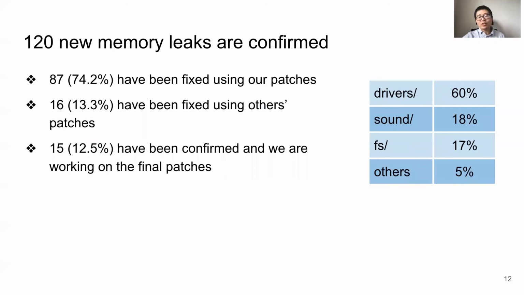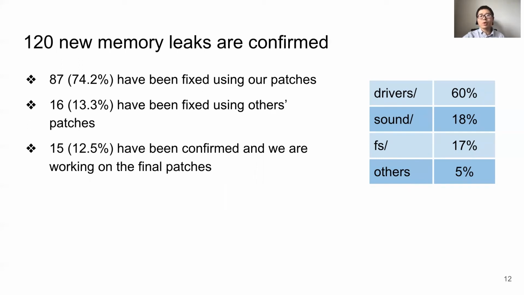On average, it took around 3 to 5 minutes to manually analyze one suspicious early exit branch. Finally, we confirmed 120 new memory leaks related to 103 reported early exit branches.